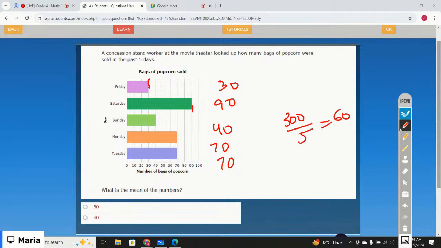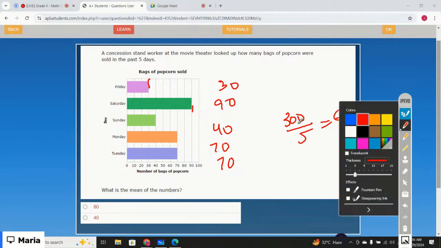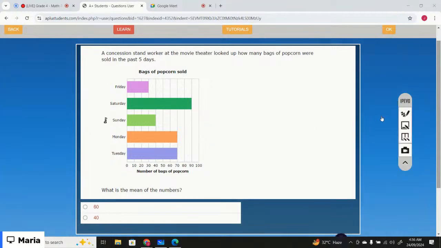Option number 1 is the correct option. The correct option is 60. Option number 1 is the correct option.